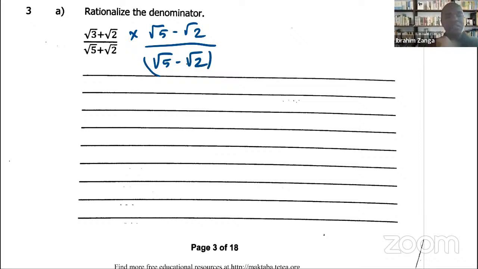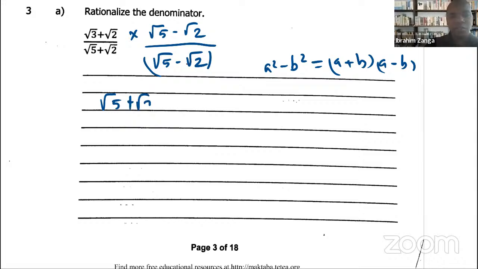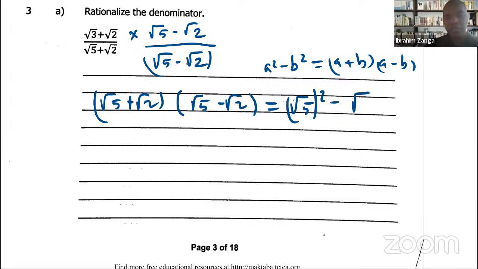And by using difference of two squares, for the denominator part, you know that a square minus b square is a plus b, a minus b. So having square root of 5 plus square root of 2 multiplied by square root of 5 minus square root of 2, this is square root of 5 square minus square root of 2 square. It is 5 minus 2 equals 3.